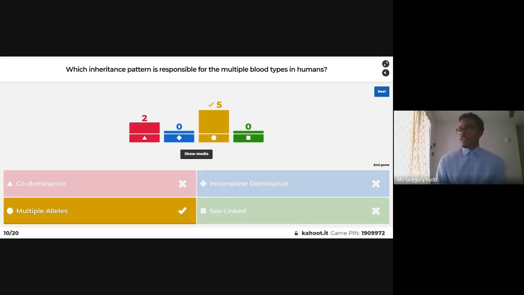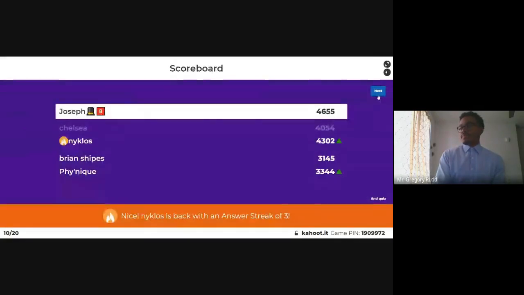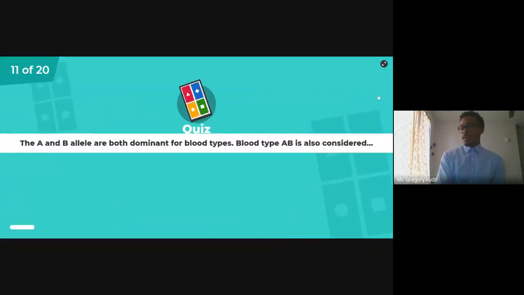Good. Multiple alleles. Sounds like some of you have been taking good notes. You're referring back to them.